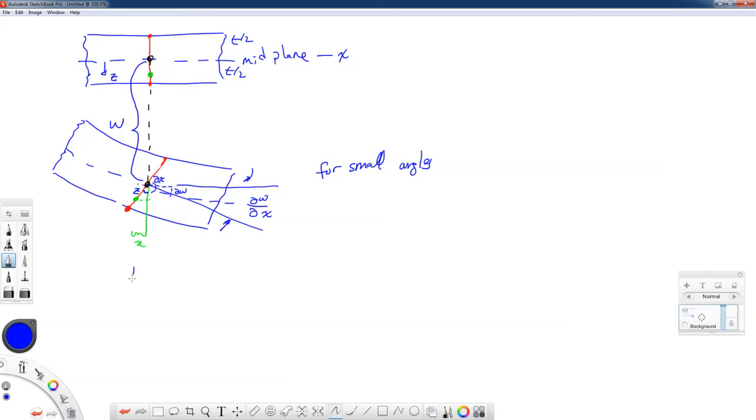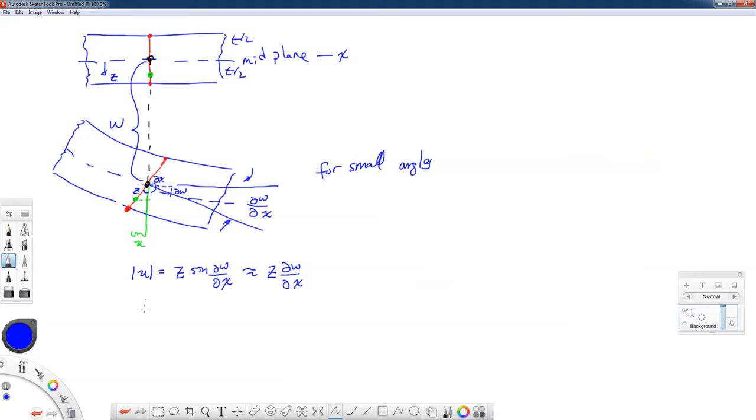The magnitude of the distance u is going to be the hypotenuse times the sine of that angle. Now, with that angle being small, the sine and the angle in radians are about the same. So that's z times the partial of w with respect to x.